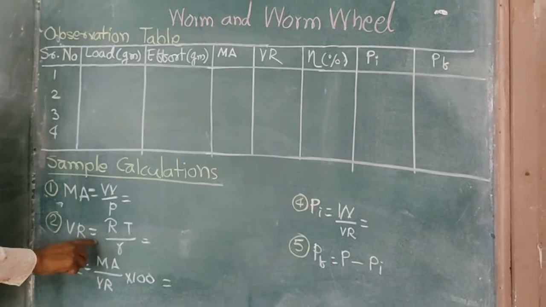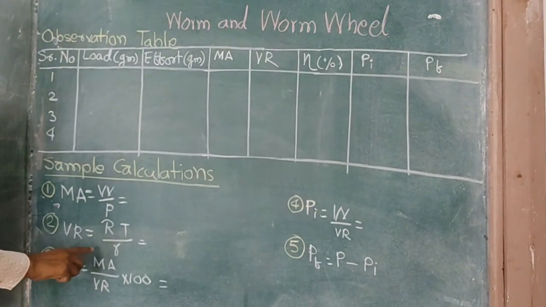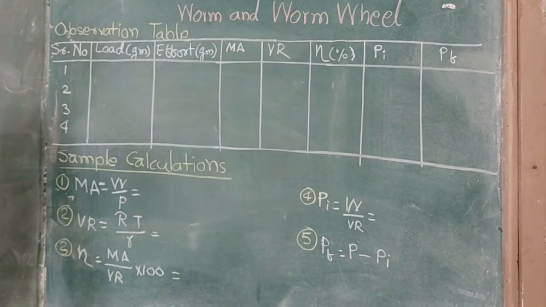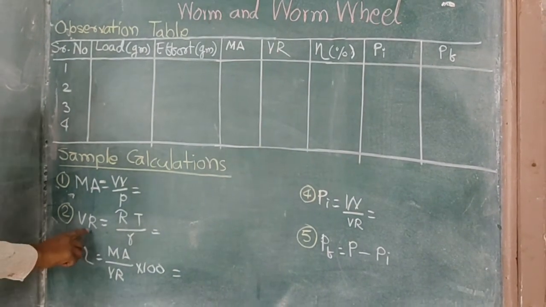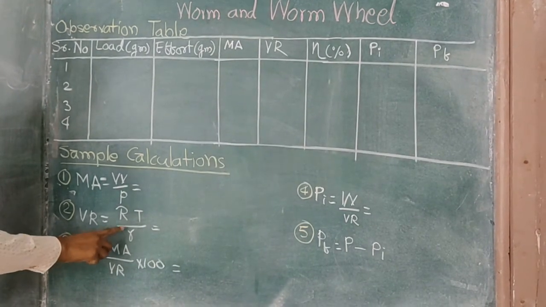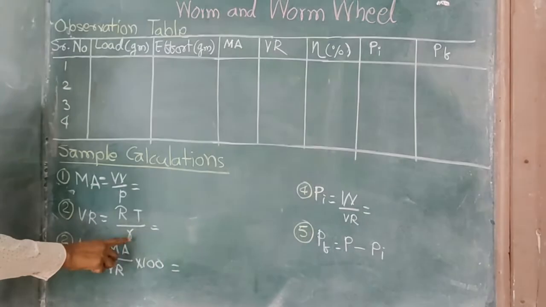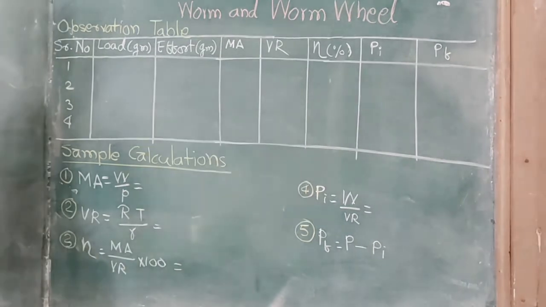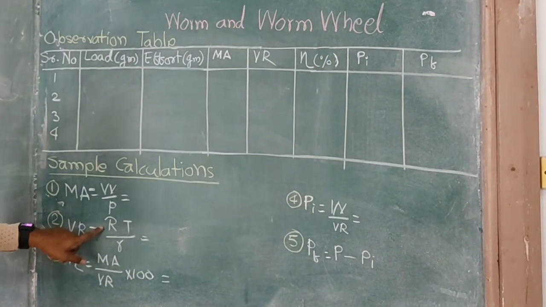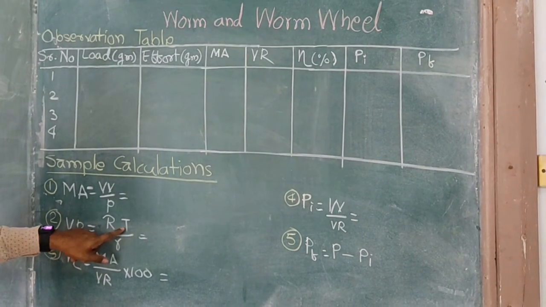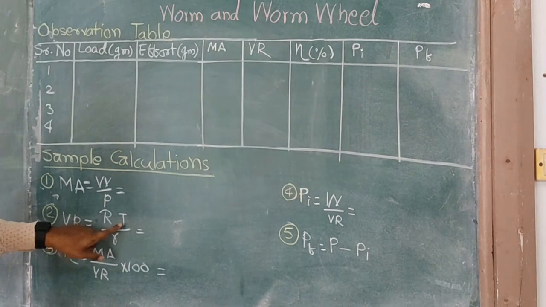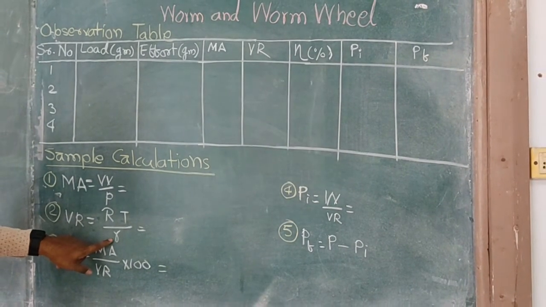The formula for calculation of velocity ratio of worm and worm wheel is VR equals capital R into capital T divided by small r, where capital R is the radius of the effort wheel, capital T is the number of teeth on the worm wheel, and small r is the radius of the load drum.